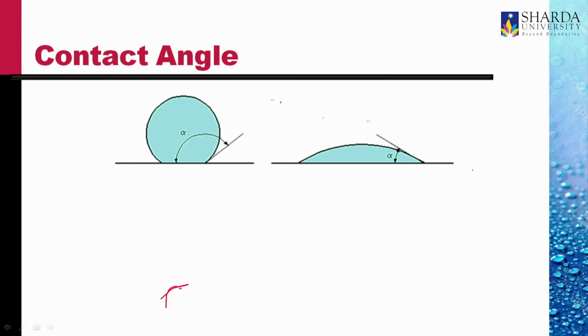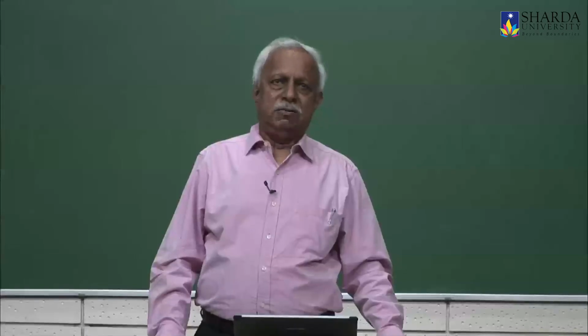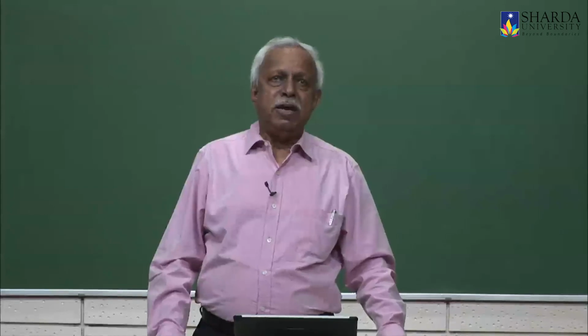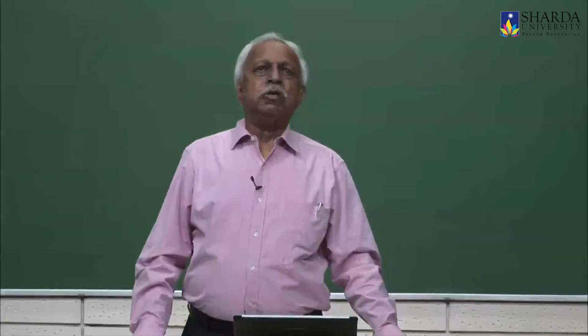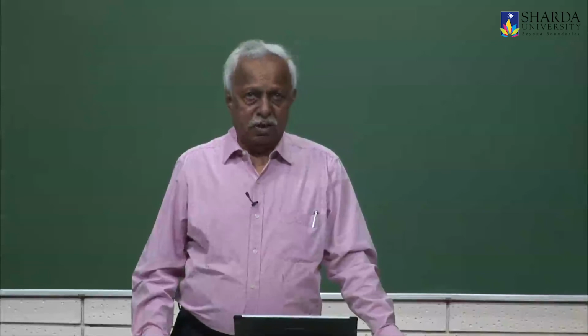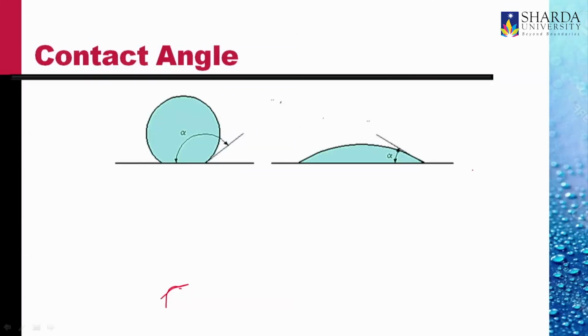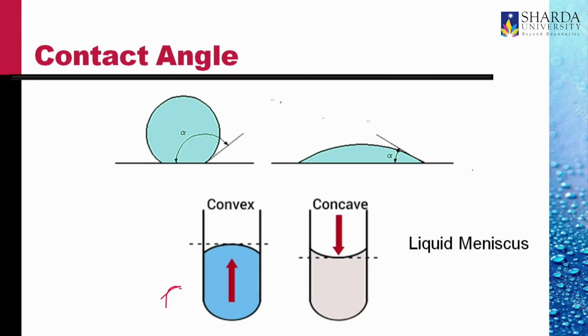But if there was mercury, the mercury does not wet glass, and the mercury would be sitting on a glass with almost spherical bubbles, so that the contact angle alpha is 180 degrees. This wetting results in liquid meniscus as shown.